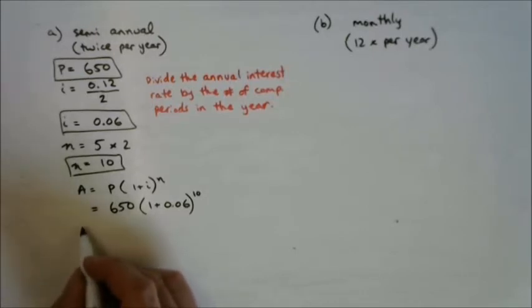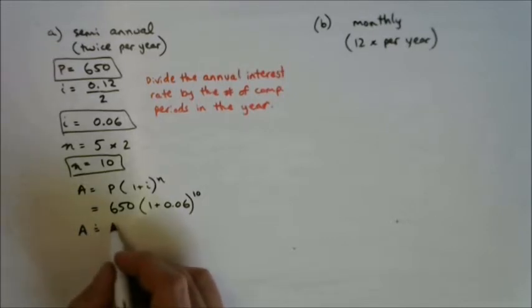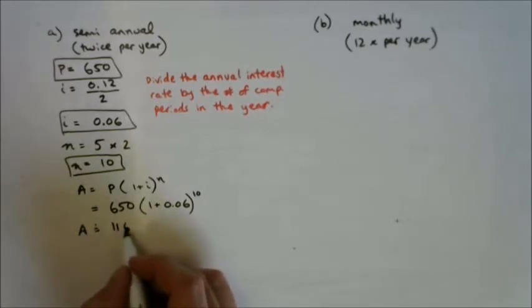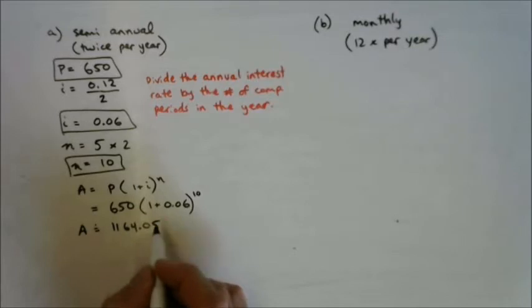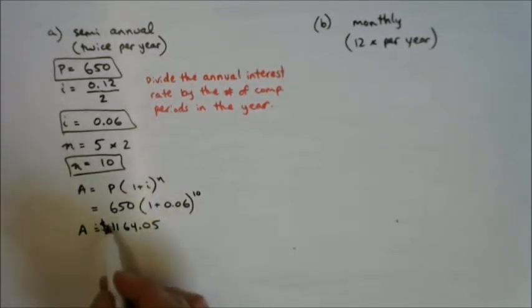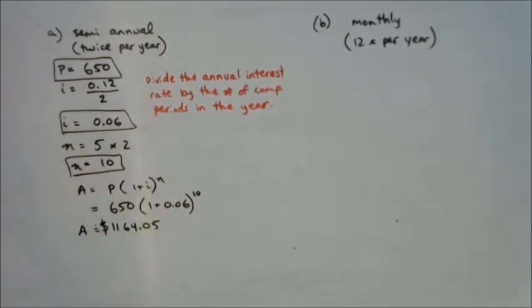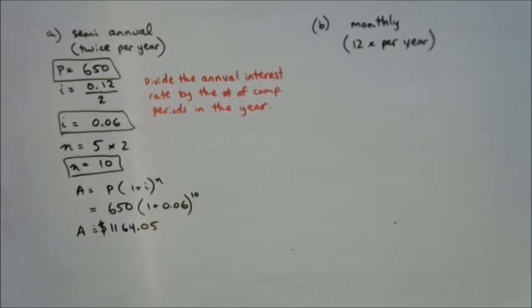And if we put that in our calculator carefully, we'll get the amount that he owes them is going to be 1164.05. Is that more or less than he owed under the original situation? Yeah, it's going to be more.